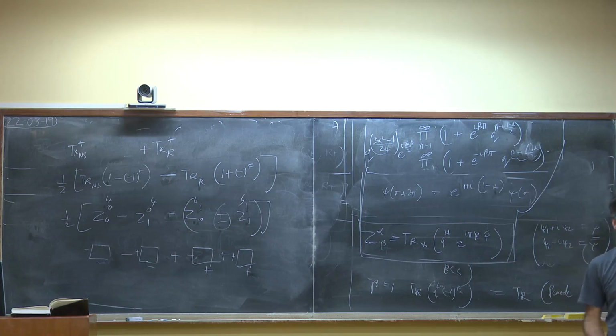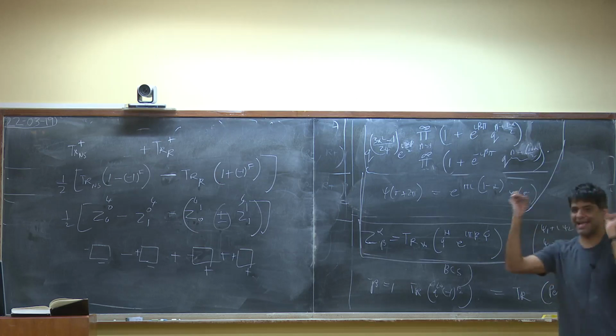For instance, it would be one loop contribution to the vacuum energy, or one loop contribution to the thermal free energy if we were doing this at finite temperature. Now, in space-time, a fermionic loop contributes with an extra minus sign.